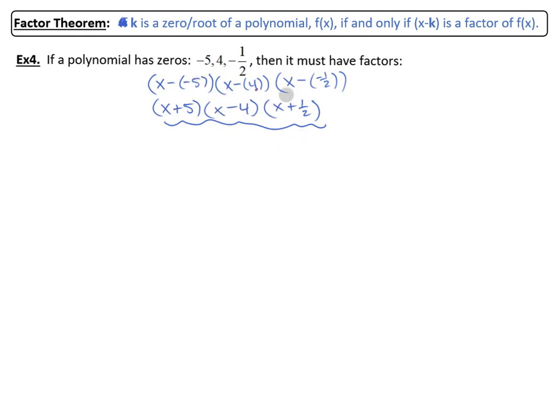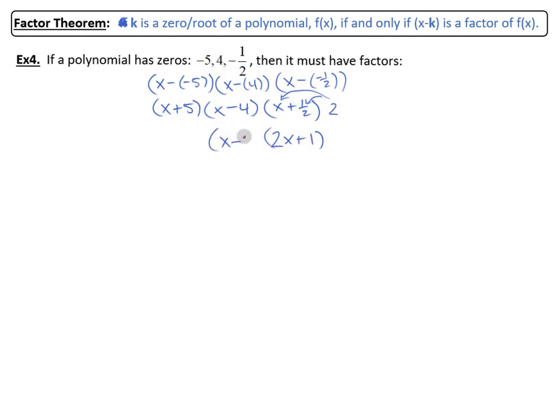Like, give a polynomial where these are zeros in standard form, meaning we'd have to multiply them out. So what we can do is multiply this factor by the denominator, by 2. If you multiply a 2 through both parts just in this factor, we're going to get 2x plus 1. So 2x plus 1.